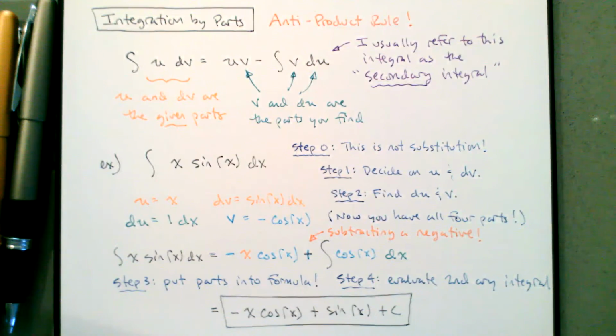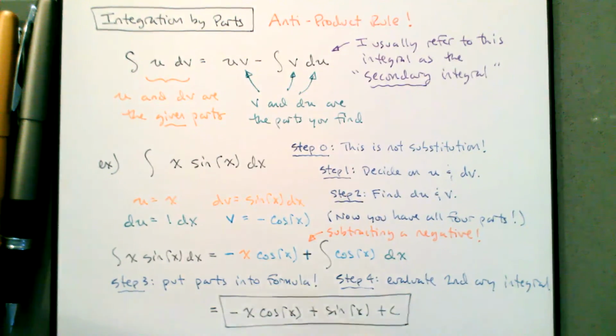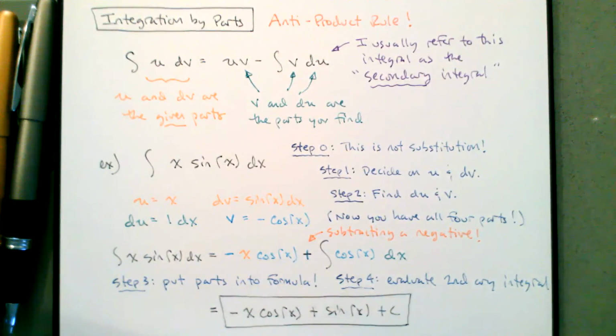If we want to check our answer, we just take what we think is the antiderivative and take the derivative of it to see if we get where we started. So the derivative of minus x cosine x with the product rule is going to be x sine x minus sine x. And we'll add sine x, that'll cancel out, and we'll be back at x sine x.